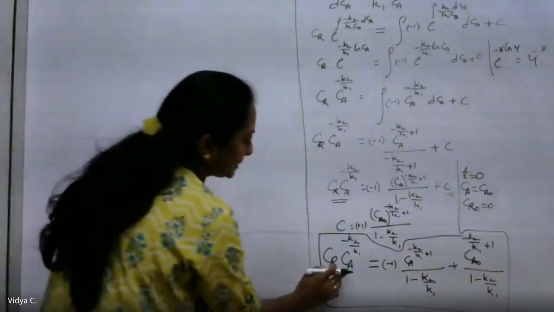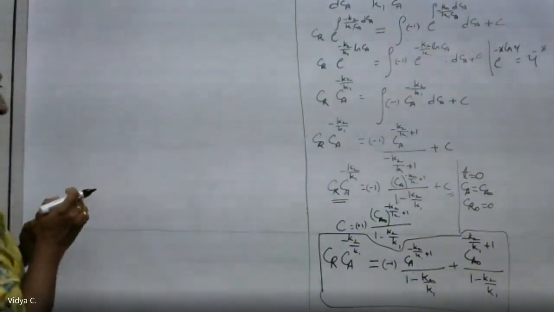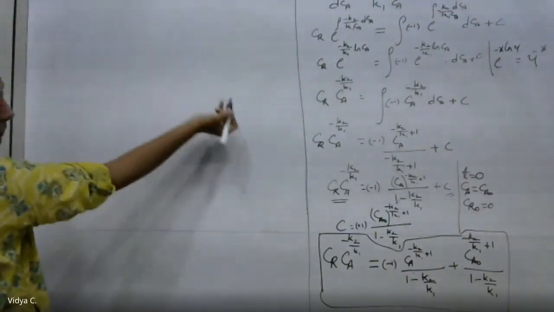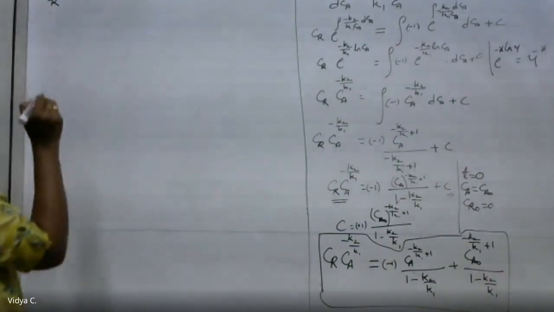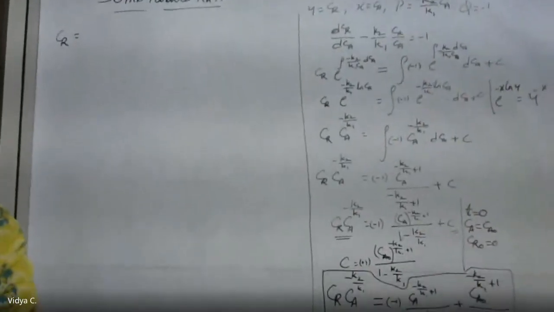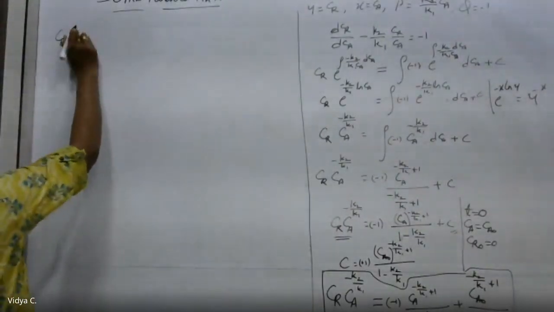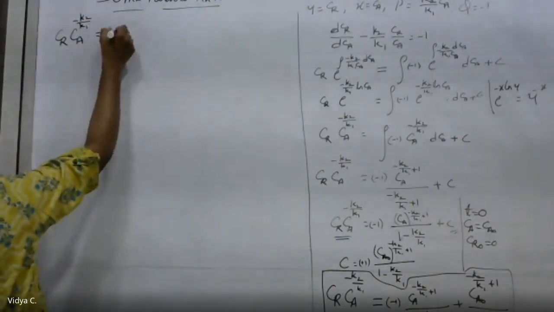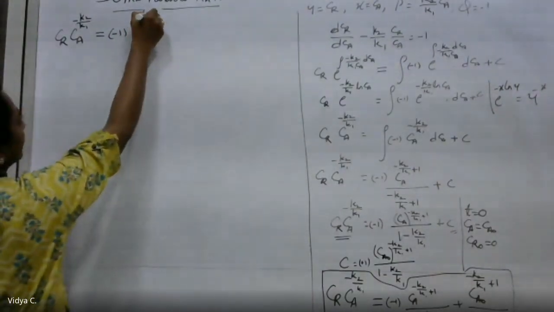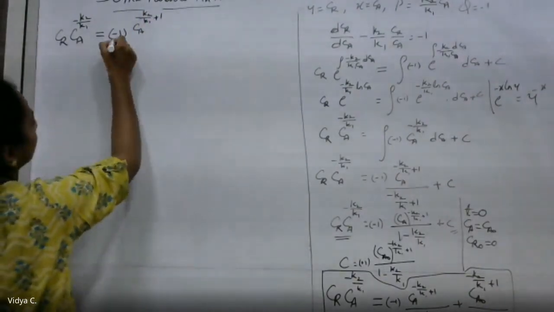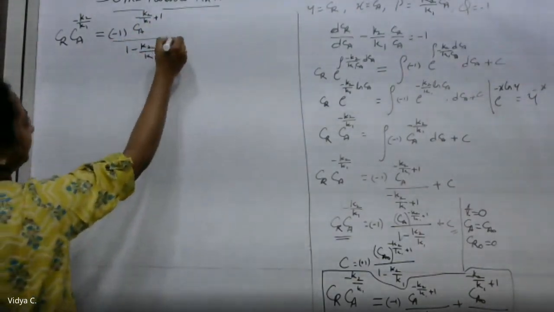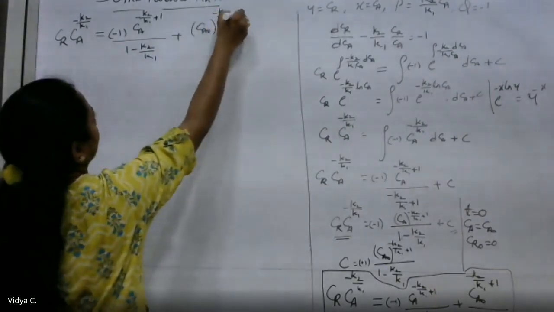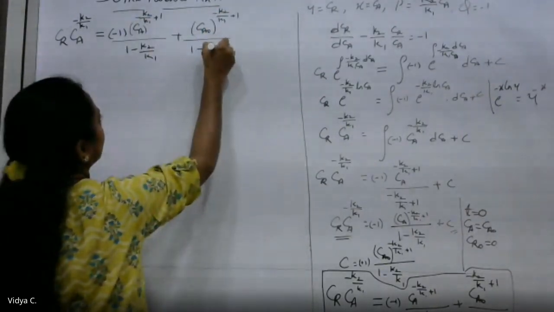CR into CA to the power of minus K2 by K1 is equal to minus 1 into minus K2 by K1 plus 1 by 1 minus K2 by K1, plus CA naught to the power of minus K2 by K1 plus 1 by 1 minus K2 by K1.